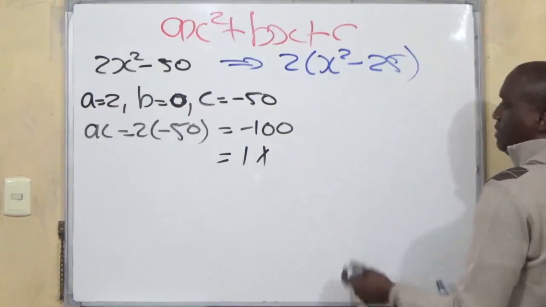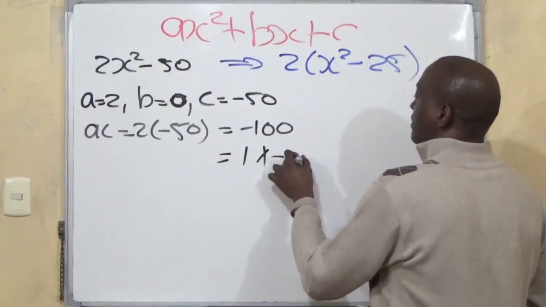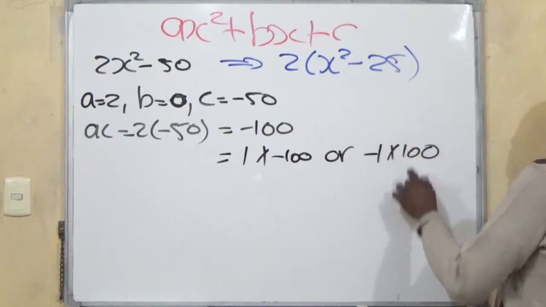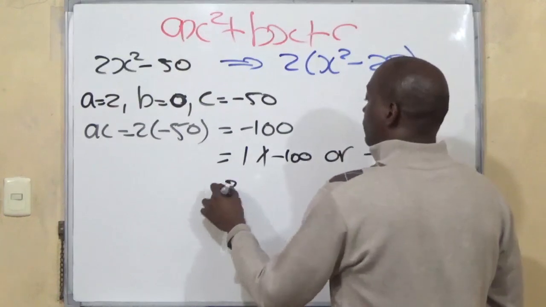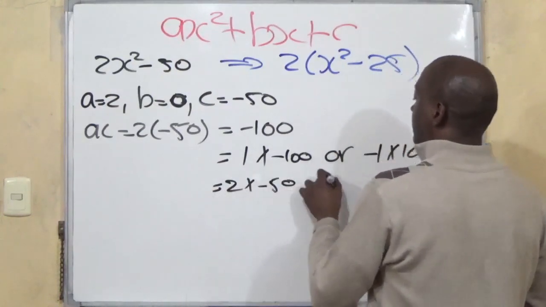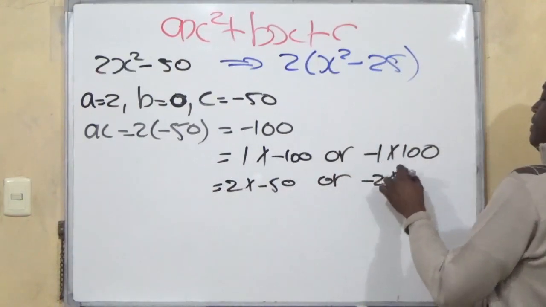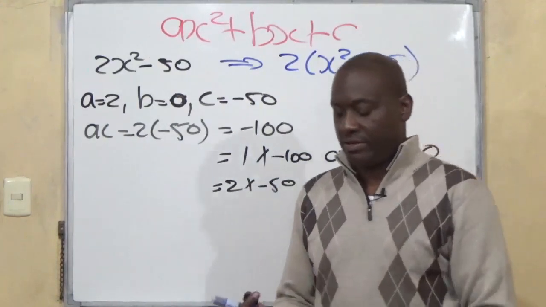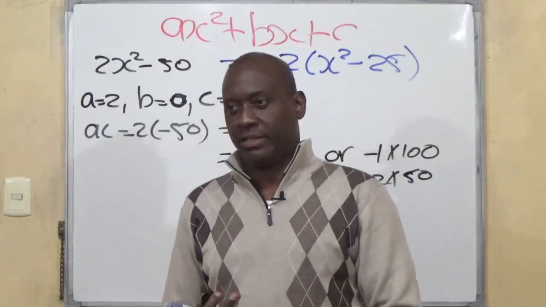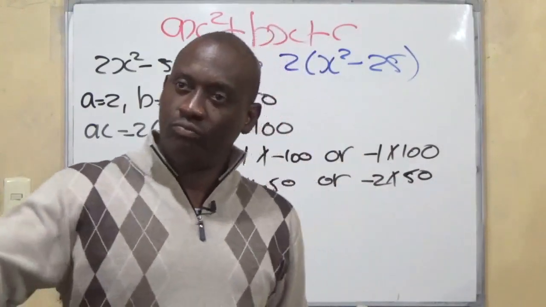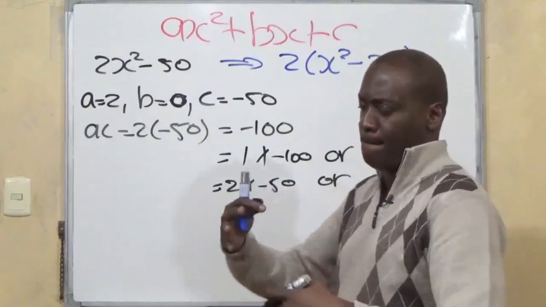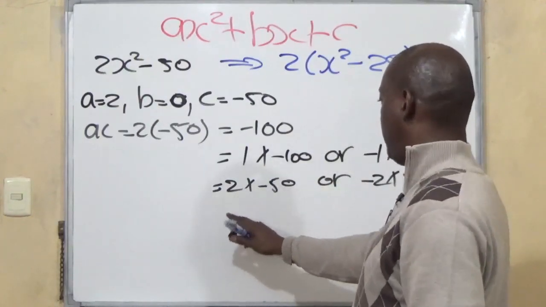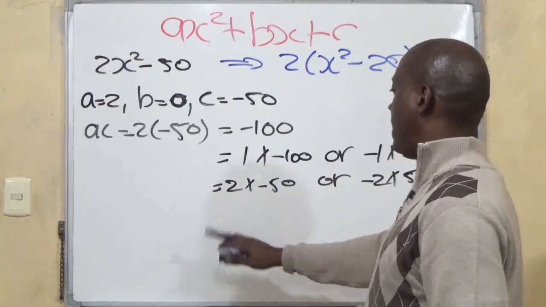But minus 100, 1 by minus 100, we bring in the mirror now, or minus 1 by plus 100. 2 by minus 50 or minus 2 by plus 50. Right? The 3 is not a factor of 100, so that wouldn't work. The 4 is a factor, 4 by 25. 4 by minus 25, minus 4 by 25. We have room for that. Yeah, we have room for that.